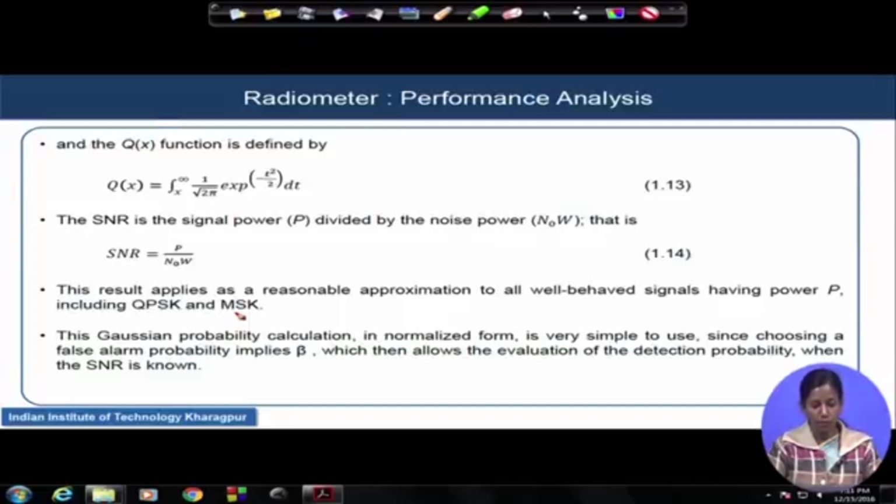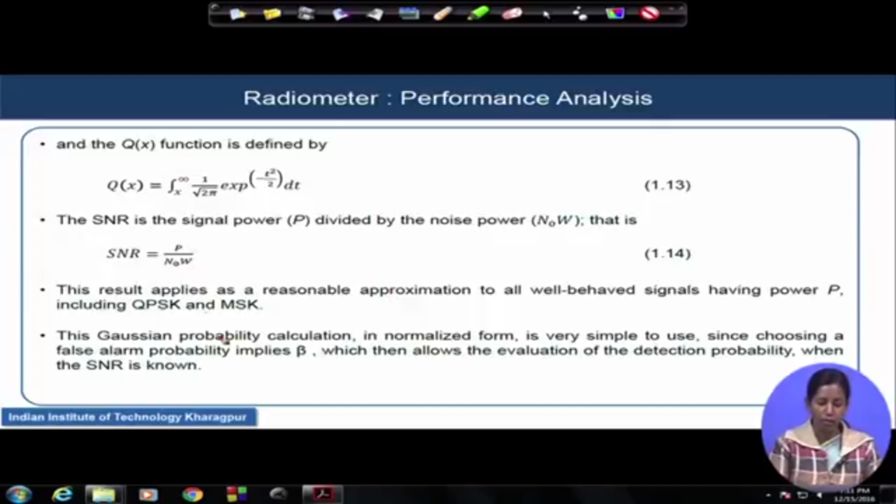And if I choose a false alarm probability, we can get a value of beta easily, and once you get the value of beta, it allows the evaluation of the detection probability first, and then you can calculate the signal to noise ratio if your SNR is known. So what I am saying is, in the calculation itself, the Gaussian probability is involved.